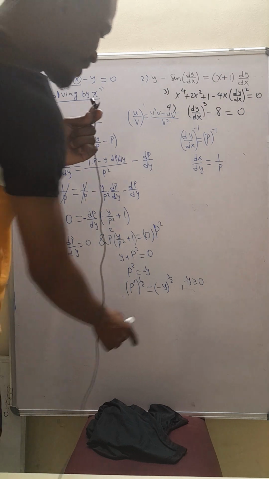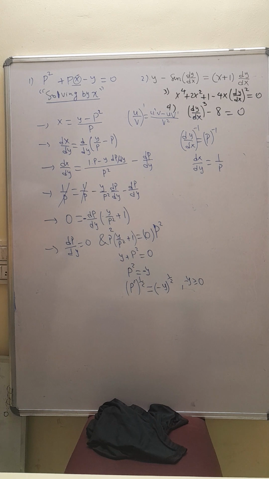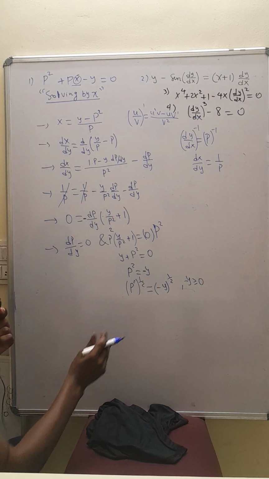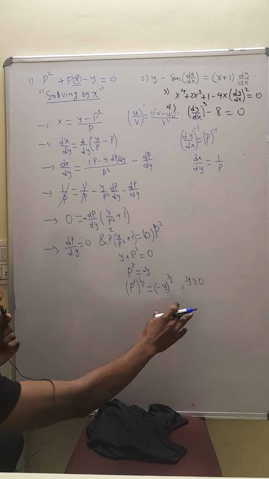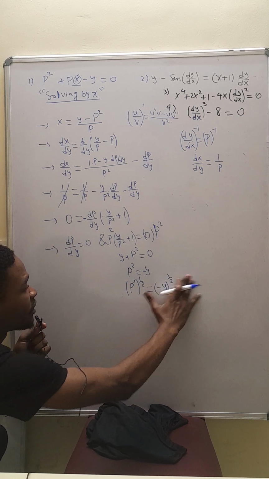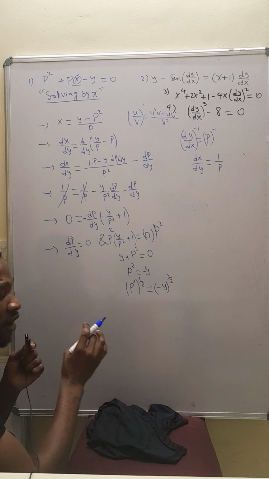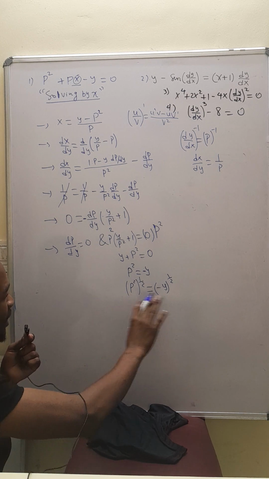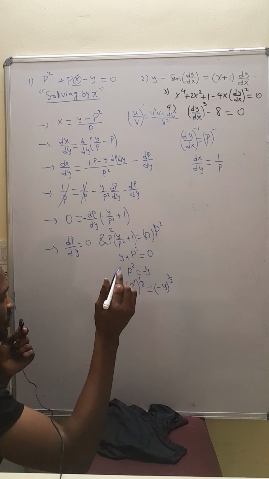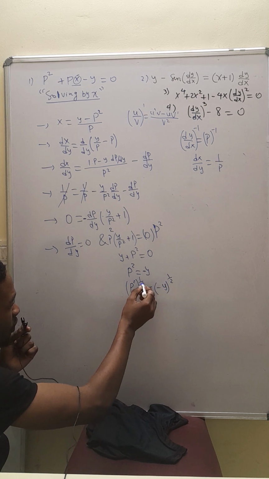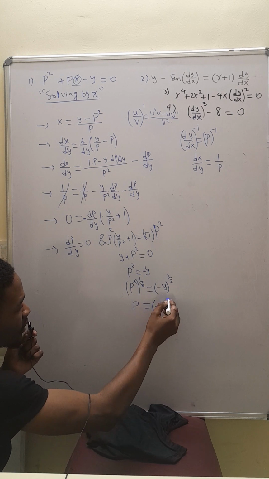For minus y greater or equal to 0, then you can say that this is true, but that is in real numbers. If it is in the range of complex numbers, then this minus 1 will be i squared, and you can solve it that way. So p will be equal to minus y raised to 1 by 2.